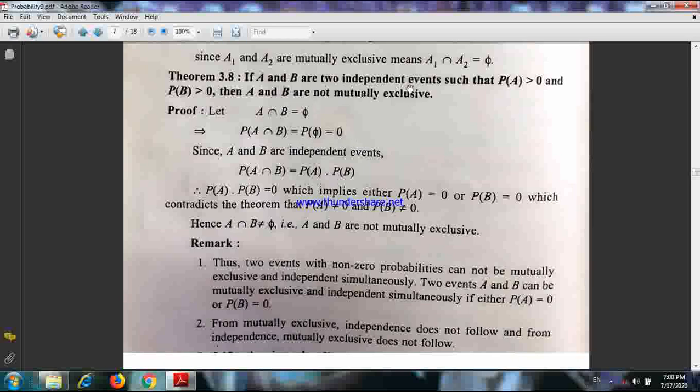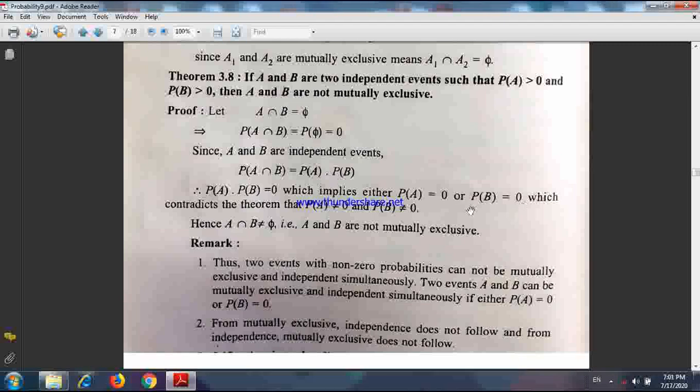Now, as it is given that the events are independent, that means P of A intersection B equals to PA into PB. So PA into PB equals to 0, as they are mutually exclusive, which implies that either PA equals to 0 or PB equals to 0.